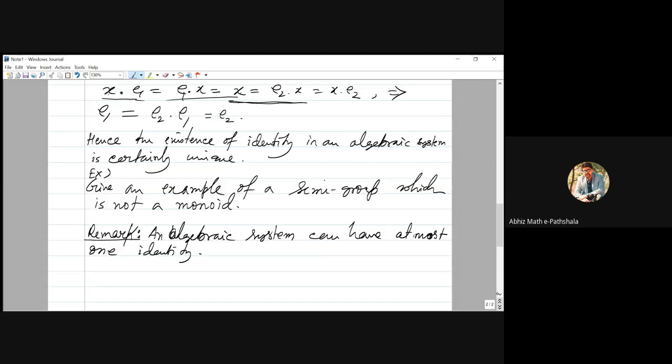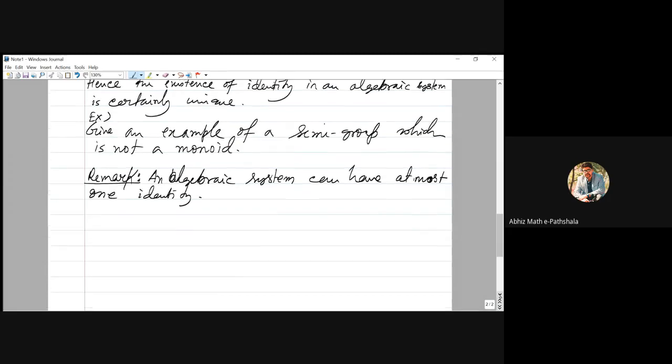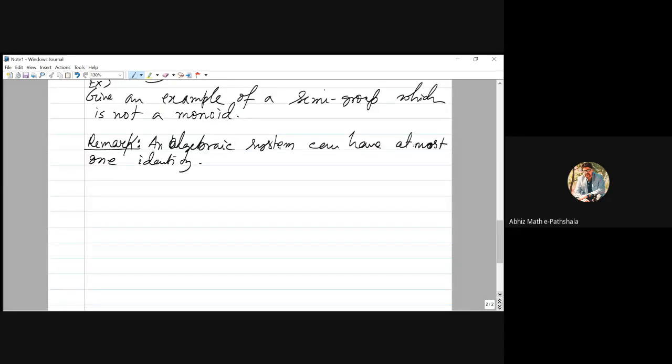Fine. So now we move to the definition of another important aspect in an algebraic system. There are systems that I have already considered in the first lecture. They have some elements, so that given any element, you have one element, and if you execute the operation between them, it will give the identity.